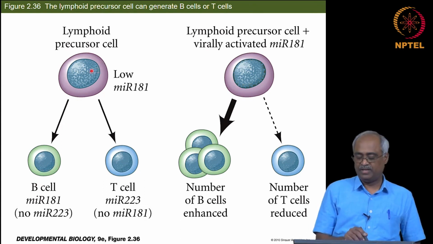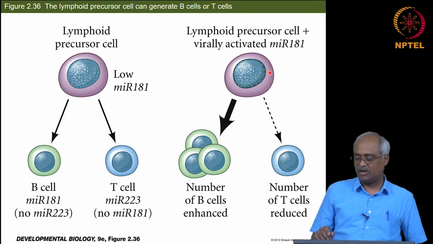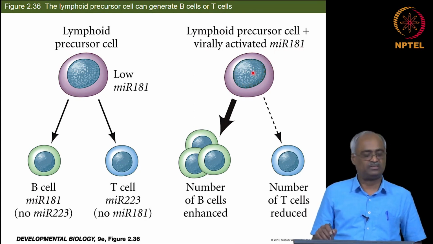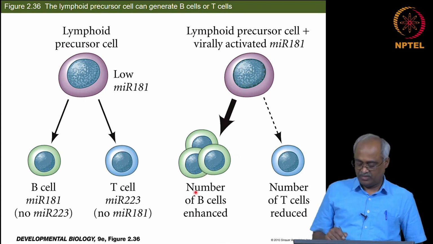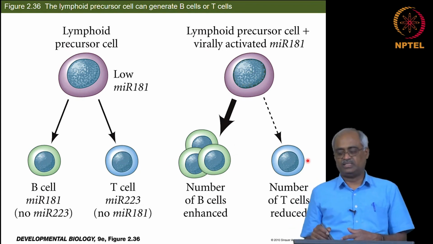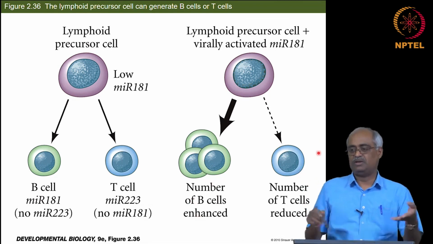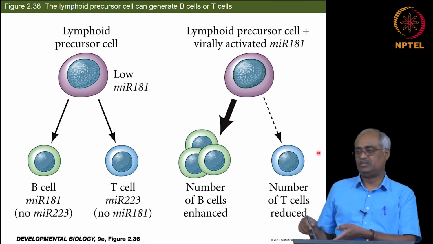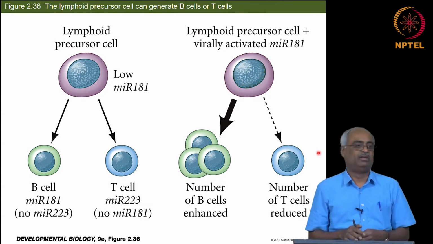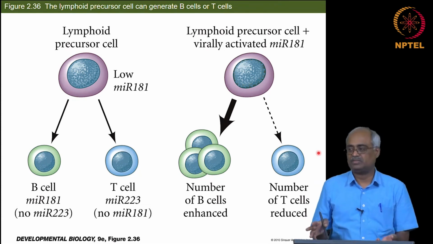But if you artificially introduce a large quantity of MIR-181 in this precursor cell, it will end up producing, among the daughter cells, a vast majority of B cell type and not T cells. So you make more B cells at the expense of T cells. So these have clear developmental consequences in multiple organisms.